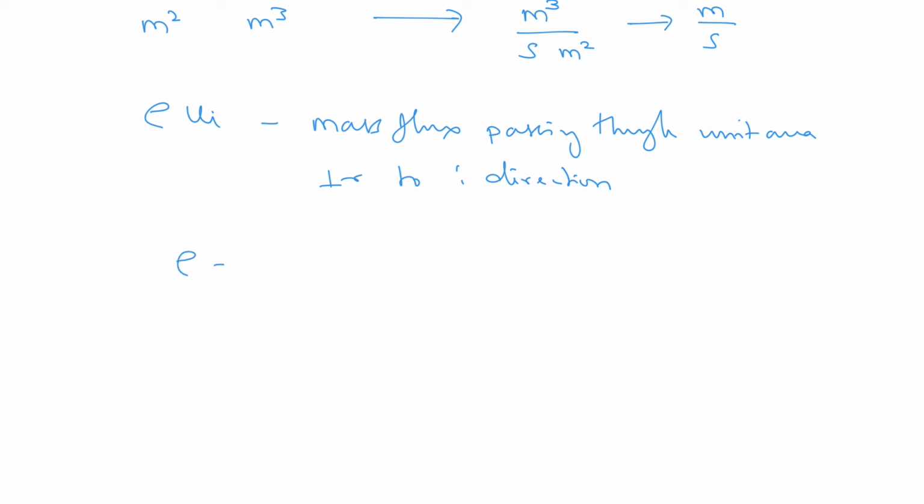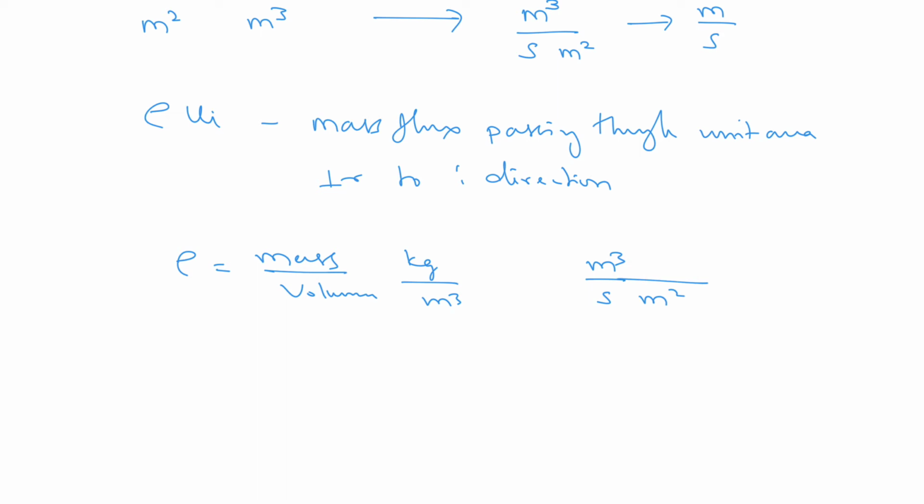So usually we have rho in units mass by volume. We have kilogram per meter cube. So originally we had meter cube per second, and then we had meter square, passing through that area.